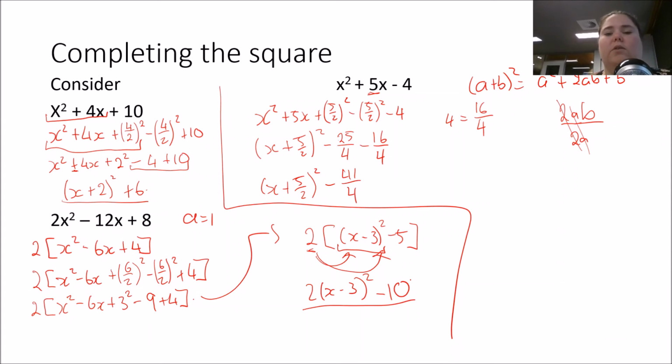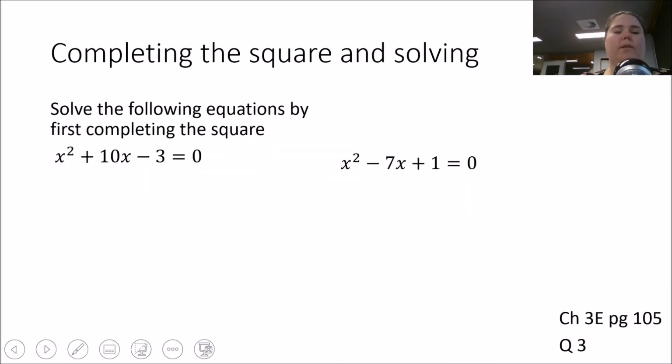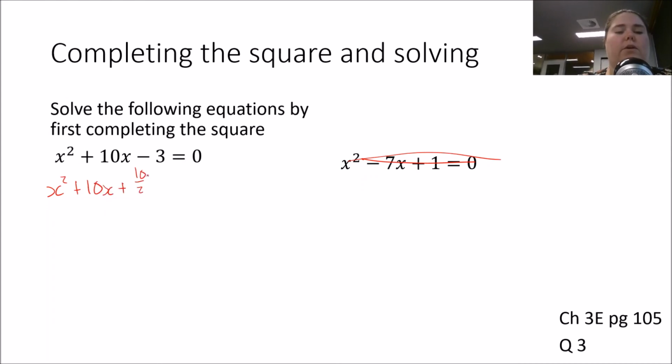So same deal, we just have fractions in there, which can become complicated. The last thing we want to do is actually be able to solve when we've got a completing the square question. So first we complete the square, then we solve. I'm only going to do one example. So completing the square, x squared plus 10x plus b on 2 squared minus b on 2 squared.